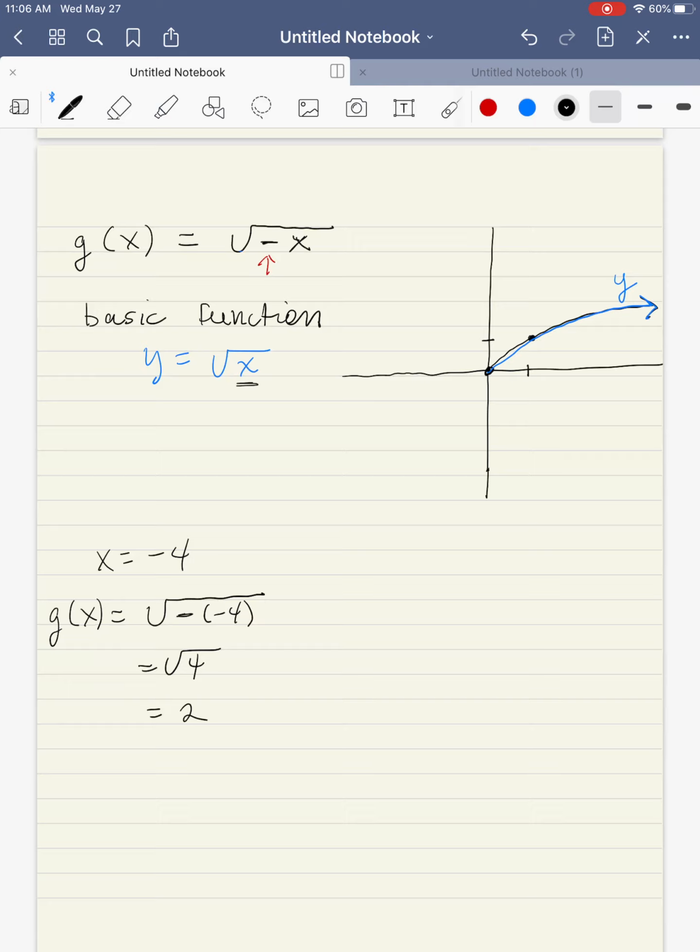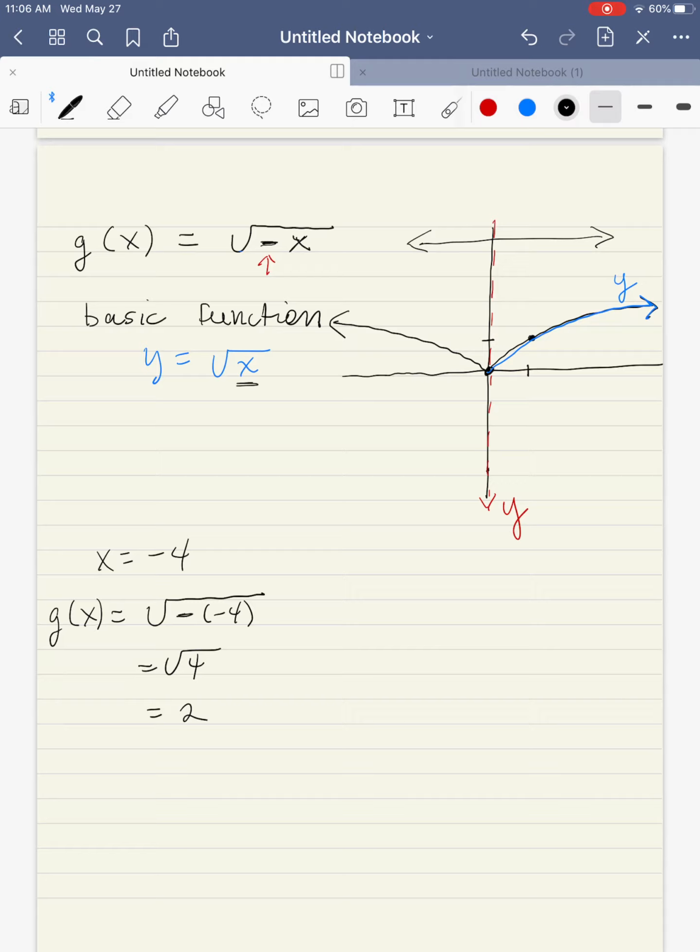So what we're going to see here is that when we do the negative in front of the x inside, it gives us a reflection over the y-axis, and we have a change in our x direction. It is reflecting in the x direction because the negative is inside of the function.